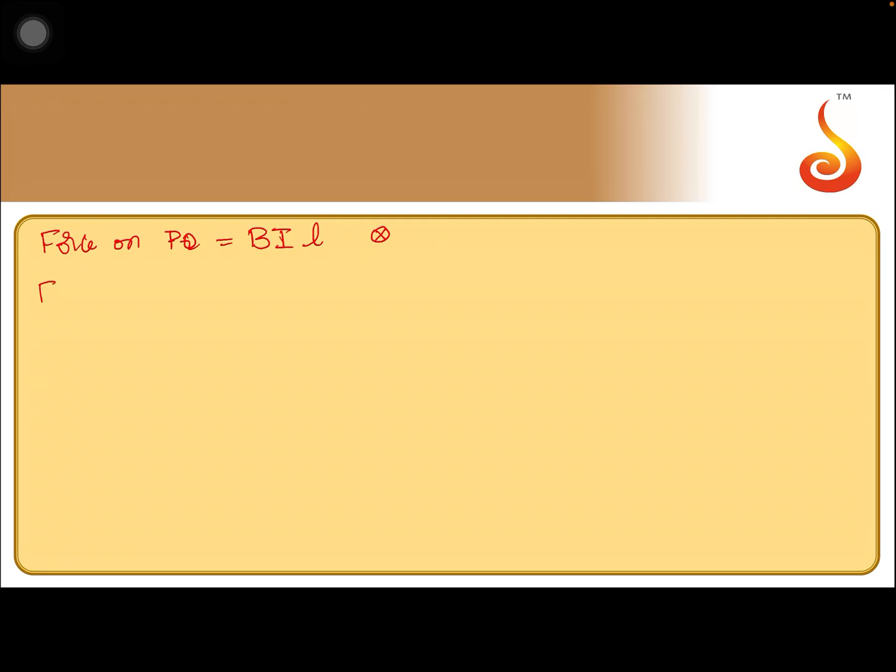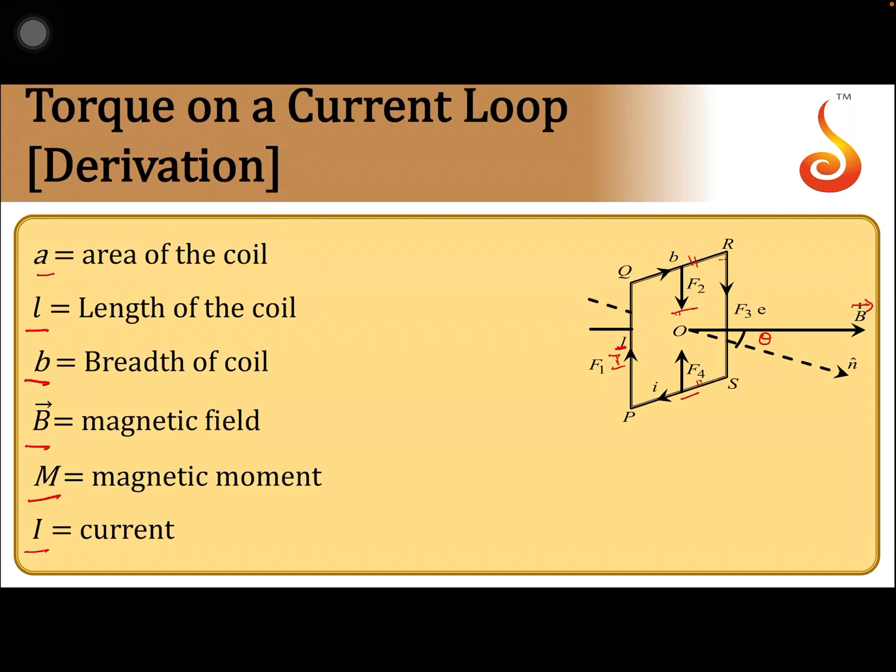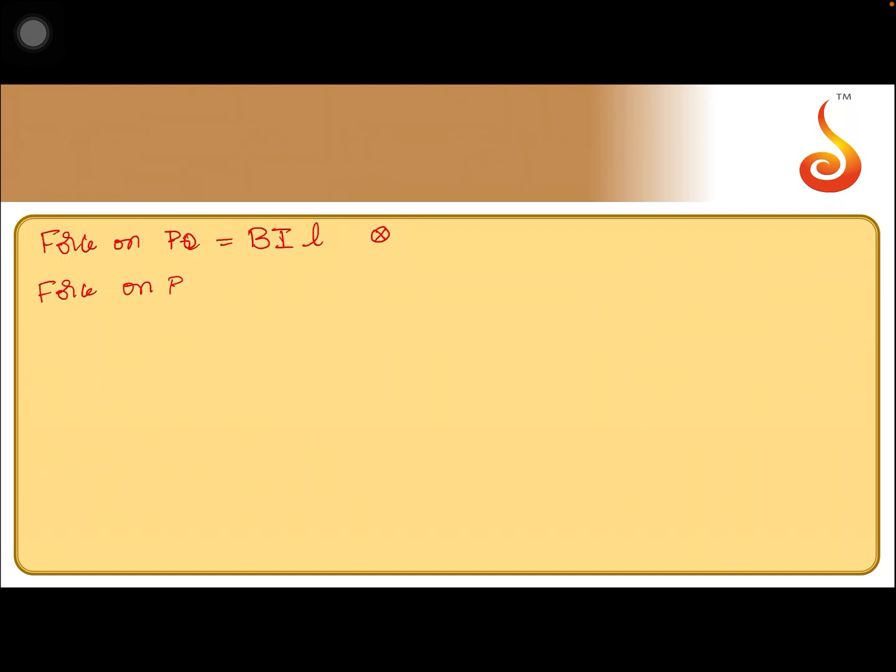At the same time, the force on RS will be equal to BIL. This is out of the plane of the paper. The direction is given by Fleming's left hand rule. So these two forces are equal and opposite.